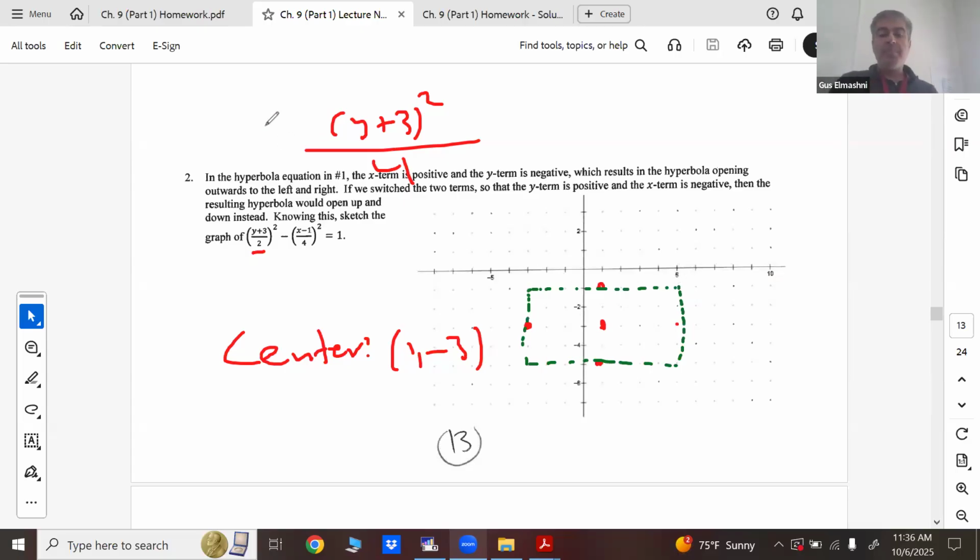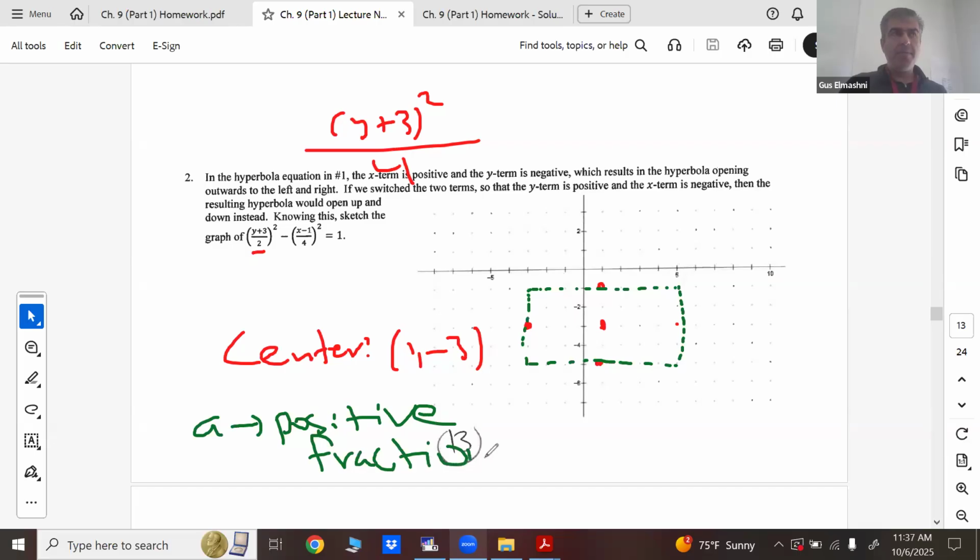Great question. A always goes with the positive fraction. Actually, thank you for bringing that up. A always goes with the positive fraction. So before, A was the bigger number for an ellipse, so it's different than an ellipse. Thank you, I forgot to mention that.